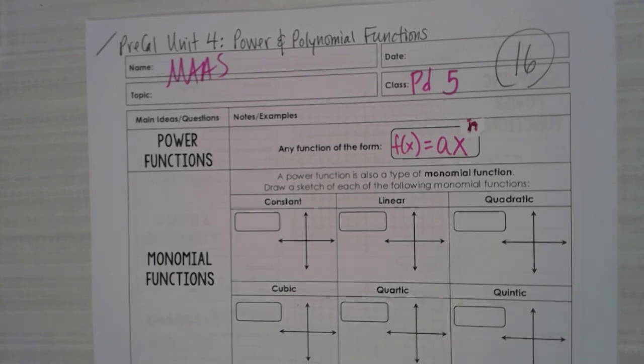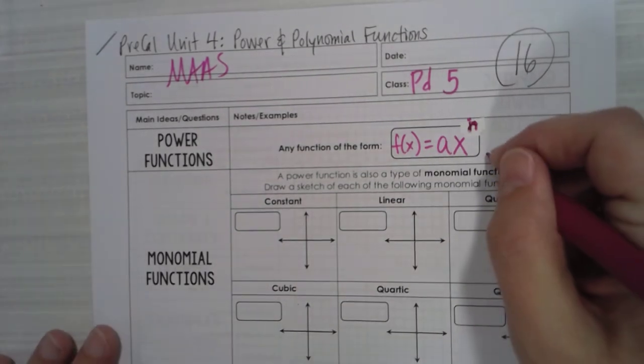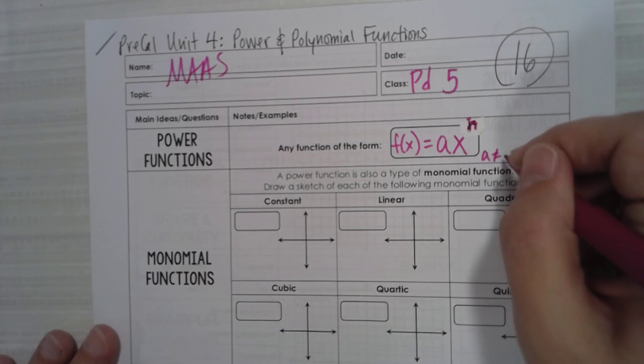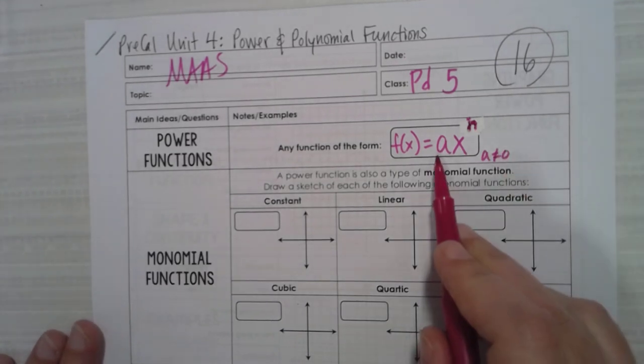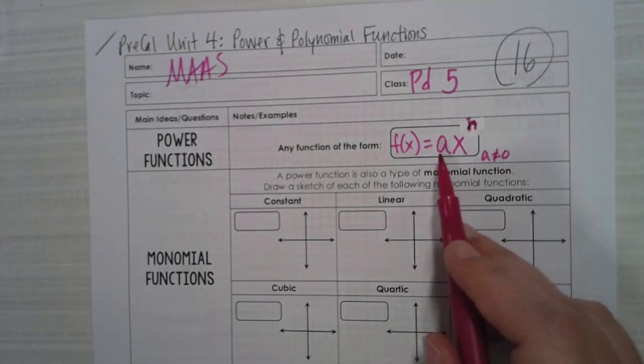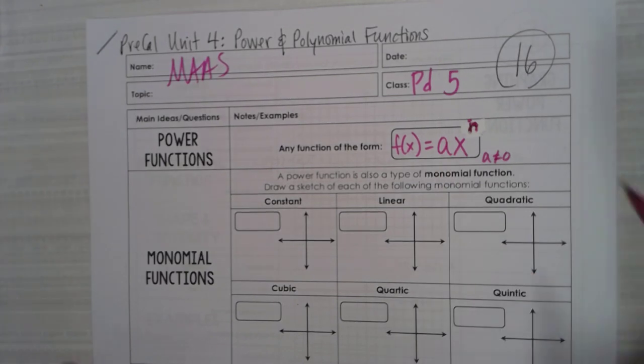So it does include linear, because that would be x to the 0 power, right? Or x to the first, oh, sorry. Constant is x to the 0 power. Linear is x to the first power. The only restriction here is that a can't be 0, because if we have a number in front of this, then the whole thing goes away and it's no longer a function.